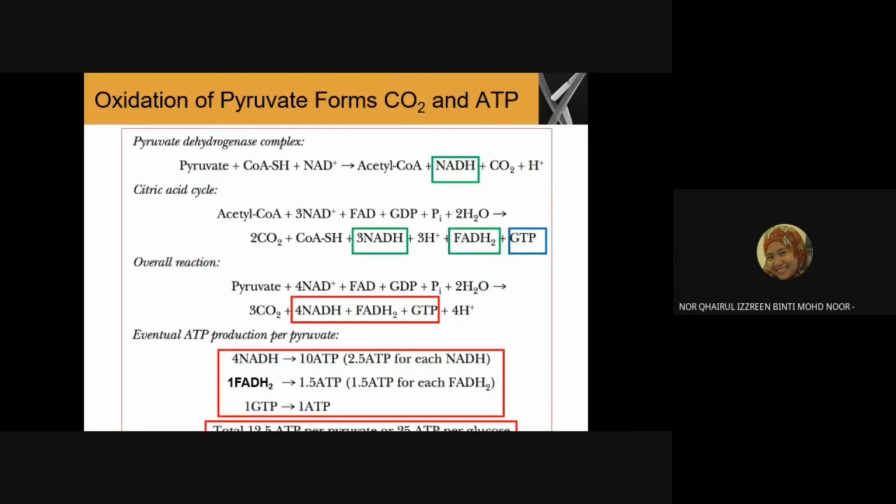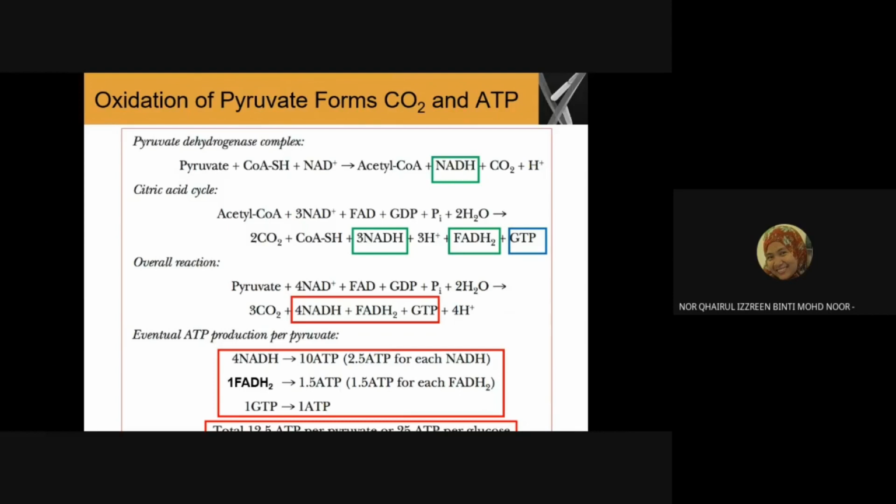So the oxidation of pyruvate forms CO2 molecule and ATP. From the pyruvate dehydrogenase complex during pyruvate decarboxylation, pyruvate and coenzyme A plus NAD plus produce acetyl-CoA and NADH and one molecule of carbon dioxide and hydrogen ion.